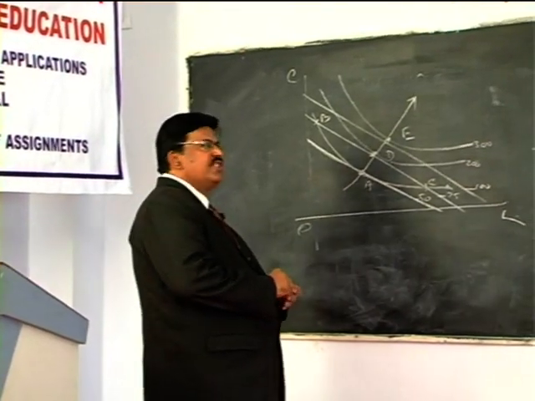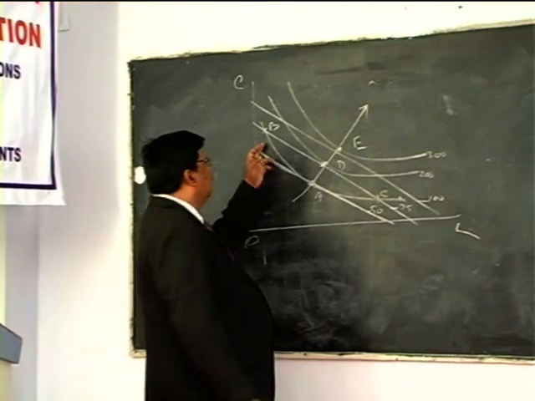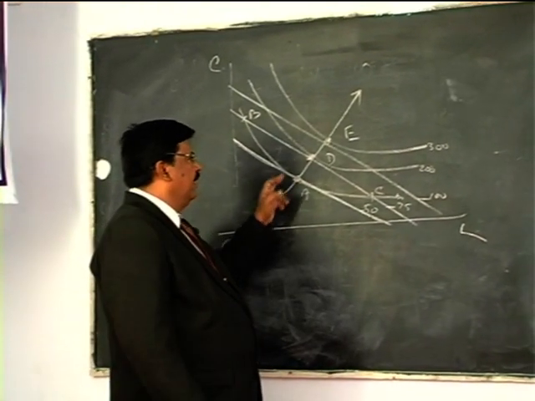The least cost combination of inputs is given by the point of tangency between isoquant and isocost at point A or D or E.